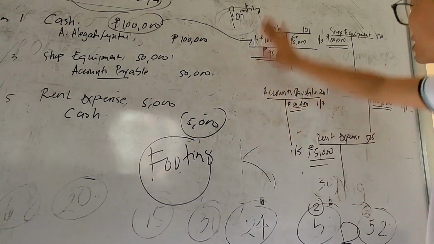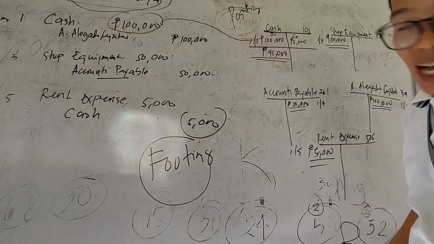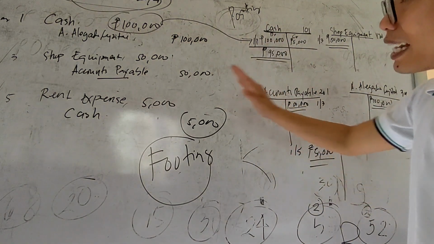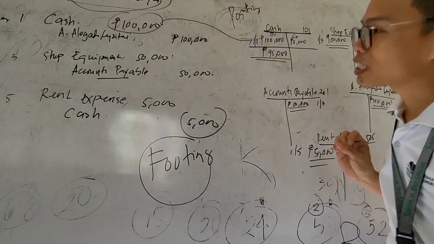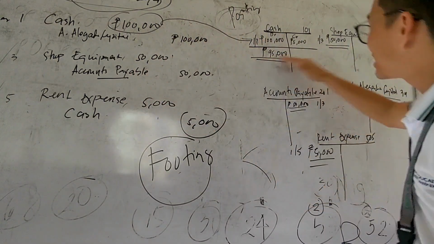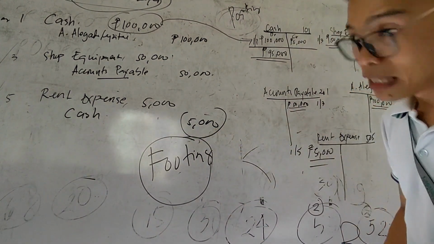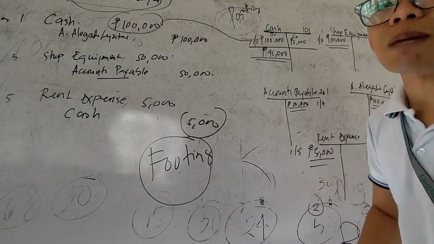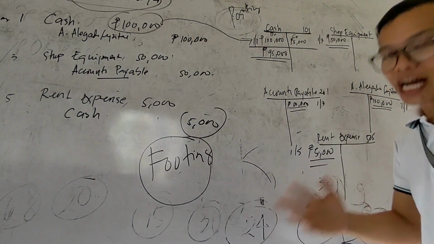Okay? So we are done getting the balances of all the account titles. I hope that it's clear. Again, two things from the general journal: that is posting. Once we get the balances, we call that footing. Now, the next step is all about the trial balance. Let me show you how to prepare the trial balance.